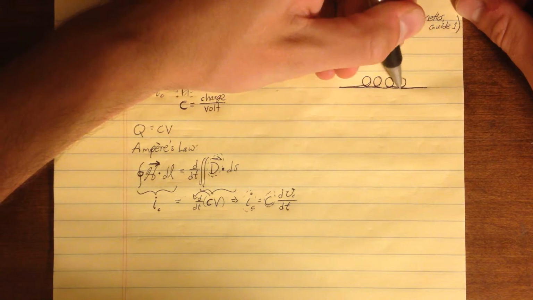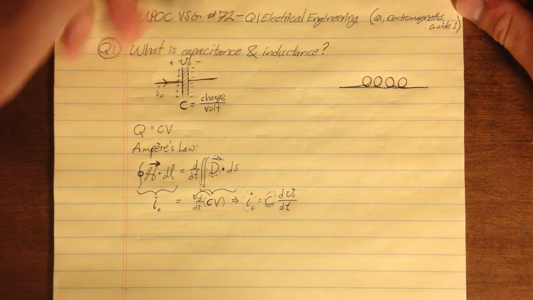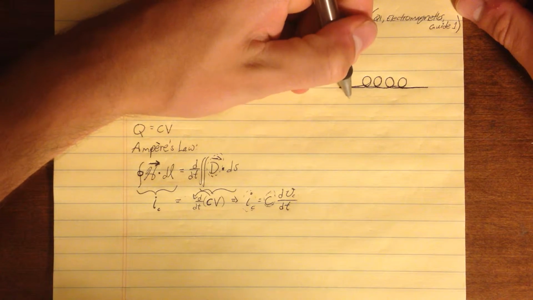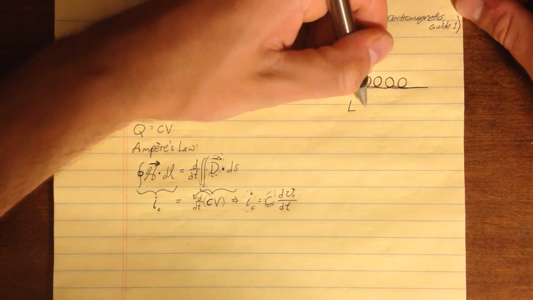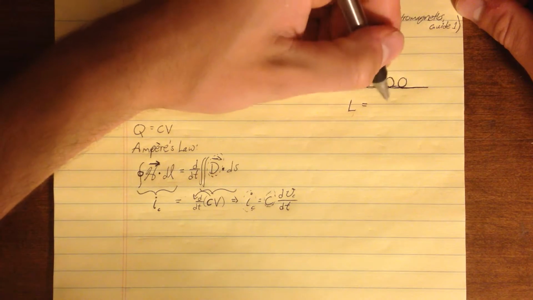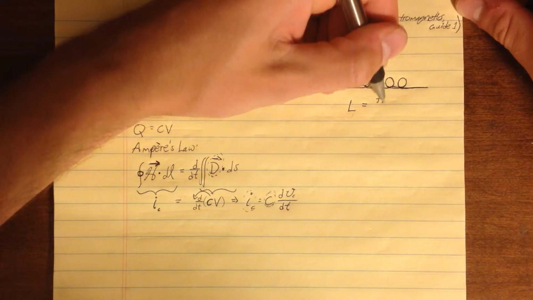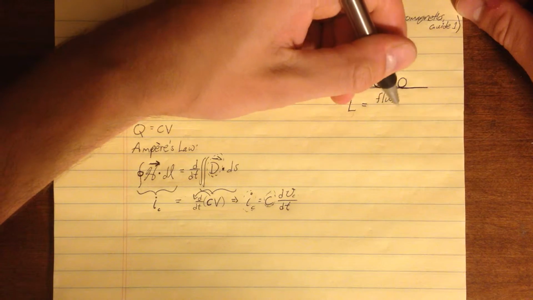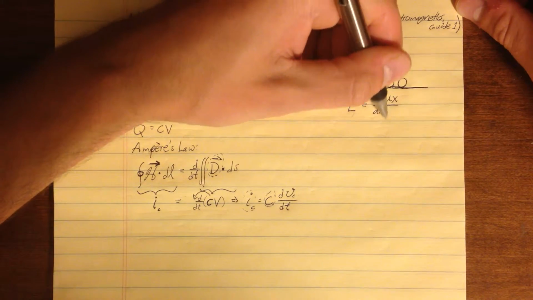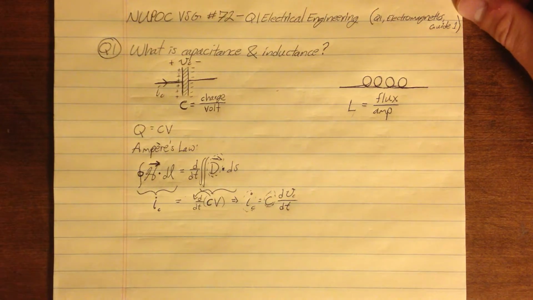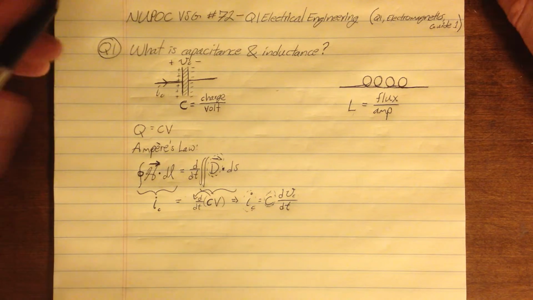And similar to capacitance, inductance, which we represent with L, is simply magnetic flux per amp. It's actually flux linkage per amp, but we don't have to get too complicated.